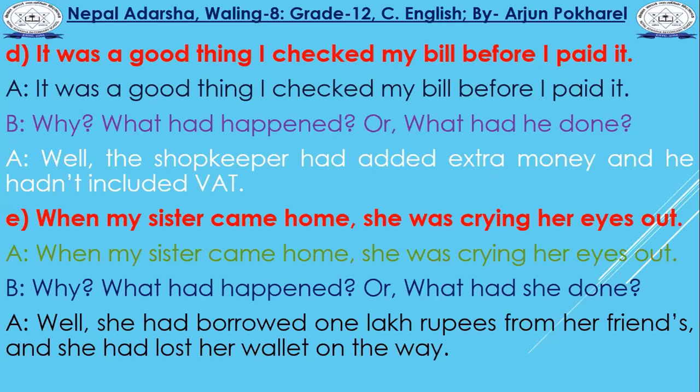That's why my sister, when she came home, was crying her eyes out. She felt very bad because she had lost her wallet or purse. In this way, you have to give your complete answer.